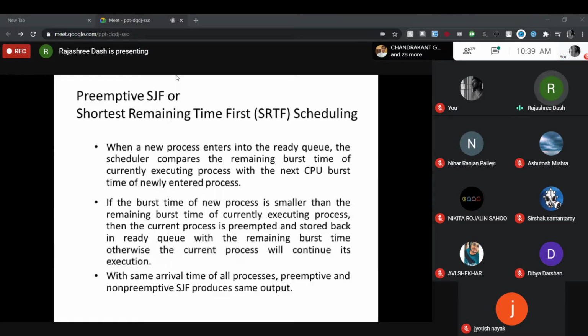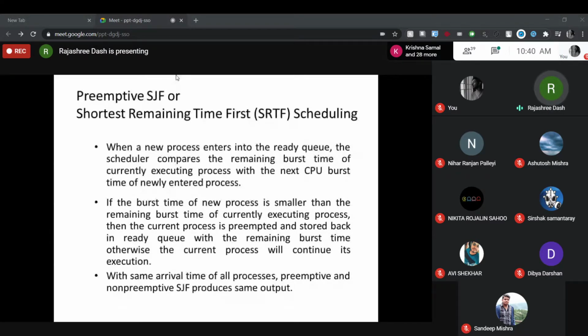With the same arrival time of all processes, the preemptive and non-preemptive SJF produce the same output.